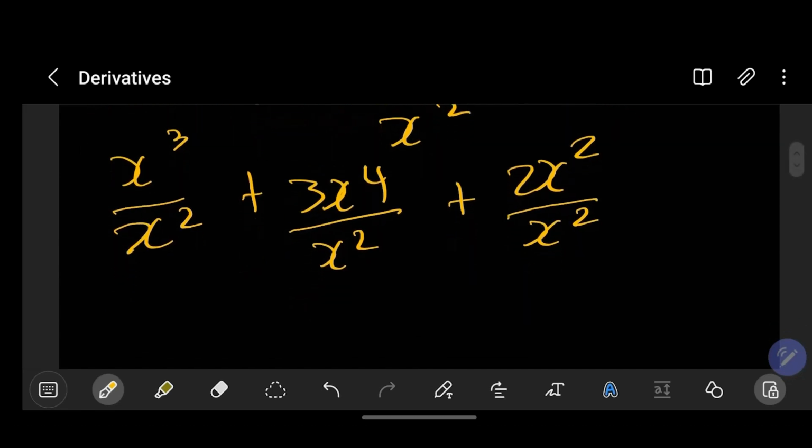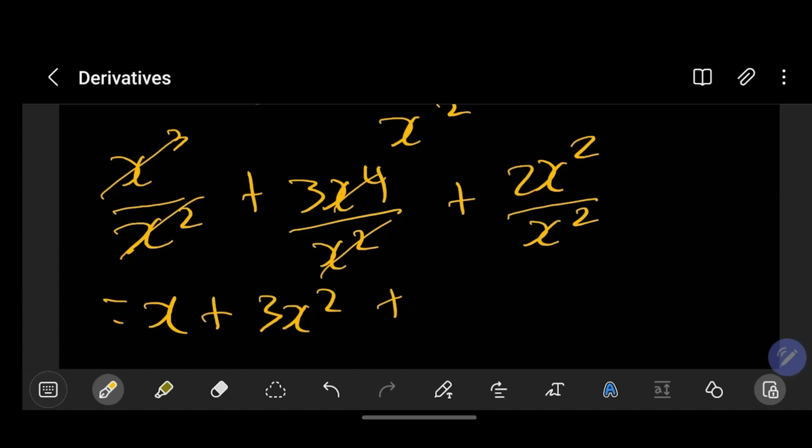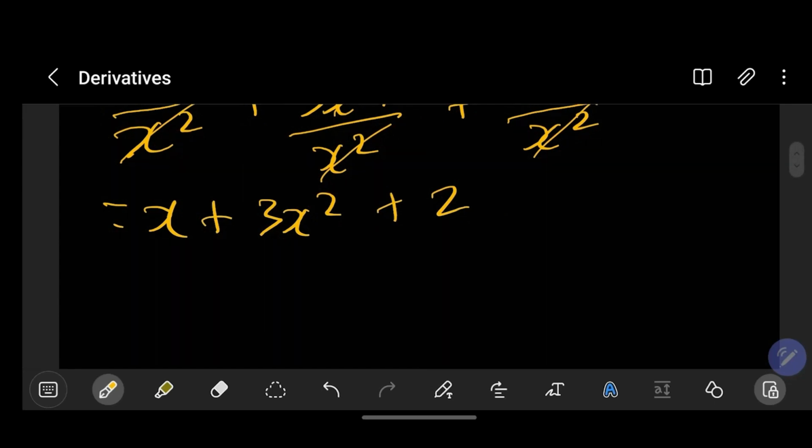So if you look at this, we can see that x squared can go into x cubed x times, or 1 time, plus we can see that x squared can go into x to the 4th 2 times, so we've got 3x squared, and we can see that x squared and x squared here can cancel out, so we have 2. So now it's in a format we can work with.